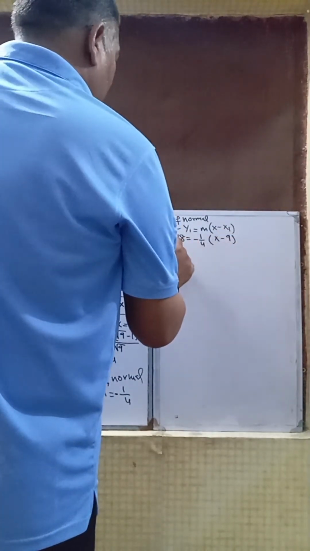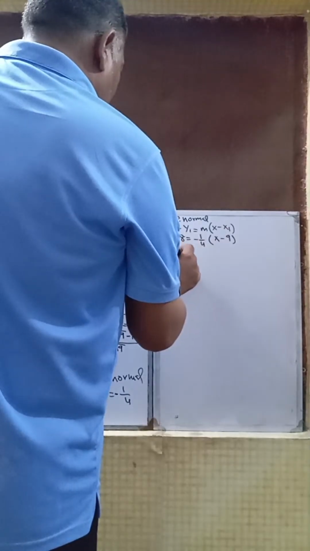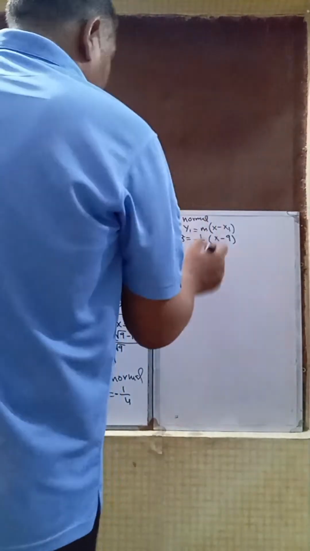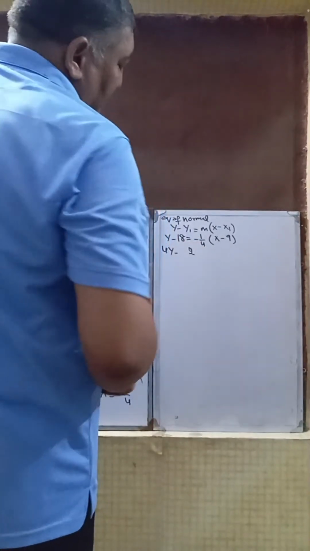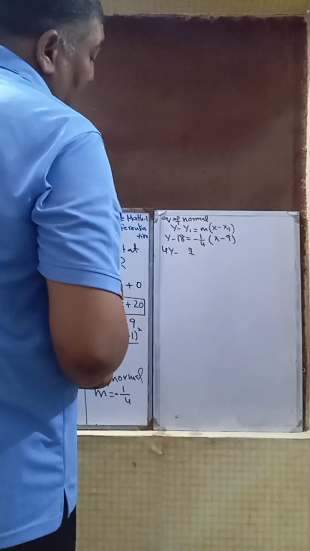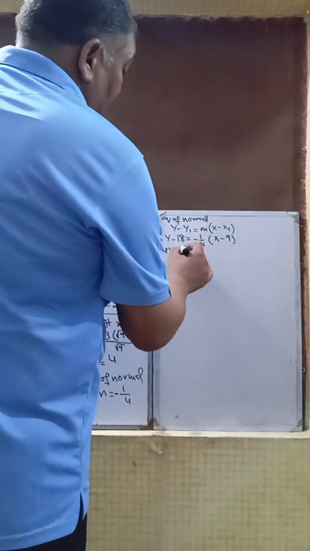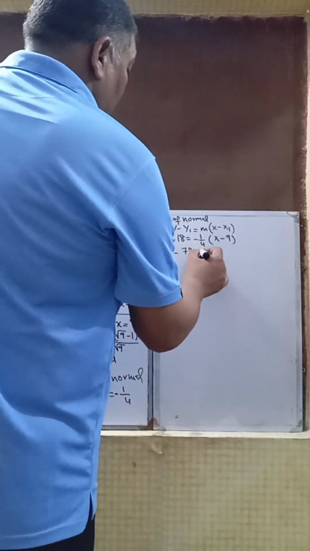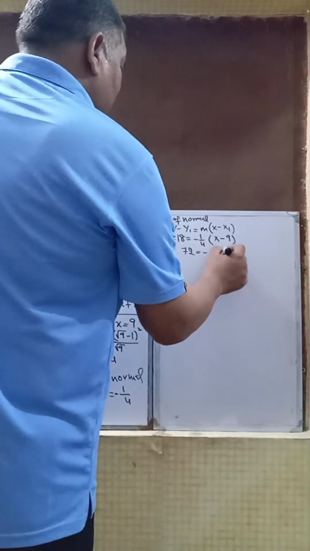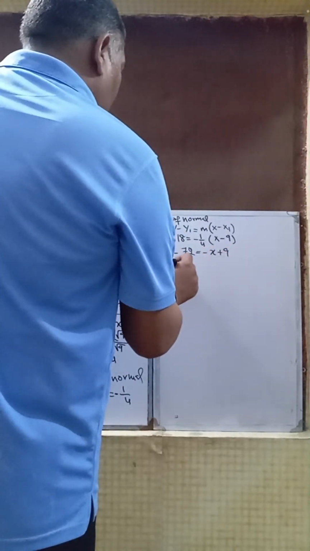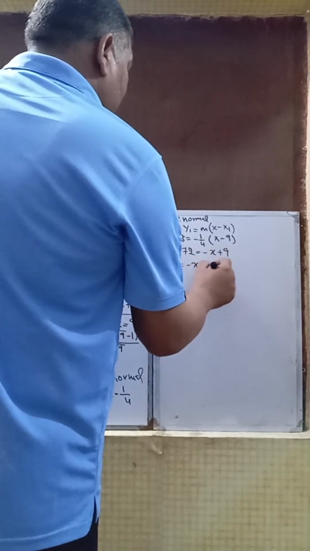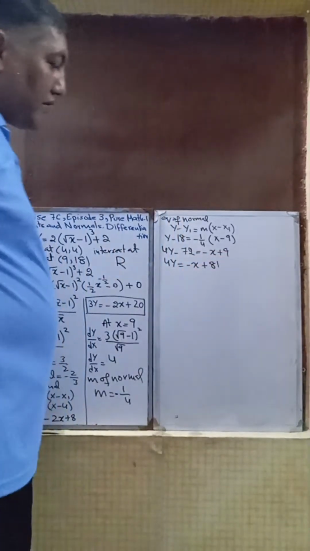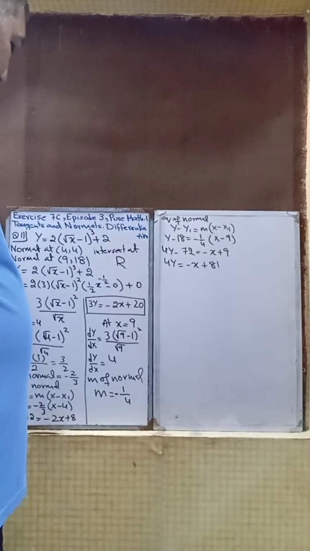This 4 will come here, so you can say 4y minus 72 equals minus x plus 9. So 4y will be equal to minus x, it will add there, plus 81. Okay, so this is the equation of that second normal.